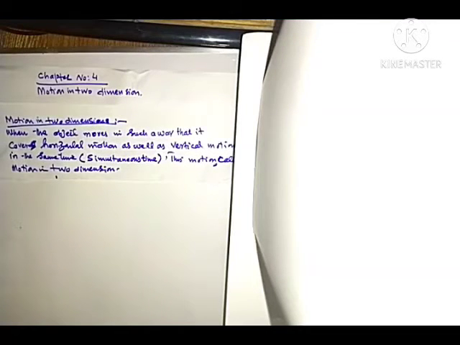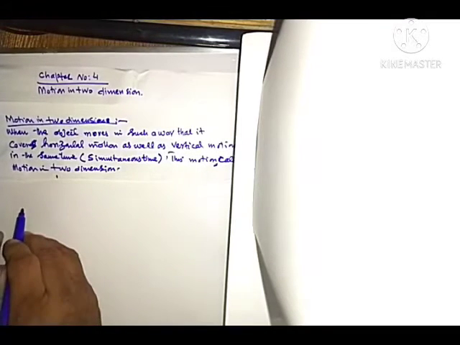Motion in two dimensions is defined as when the object moves in such a way that it covers horizontal motion as well as vertical motion in the same, simultaneous time. This motion is called motion in two dimensions.